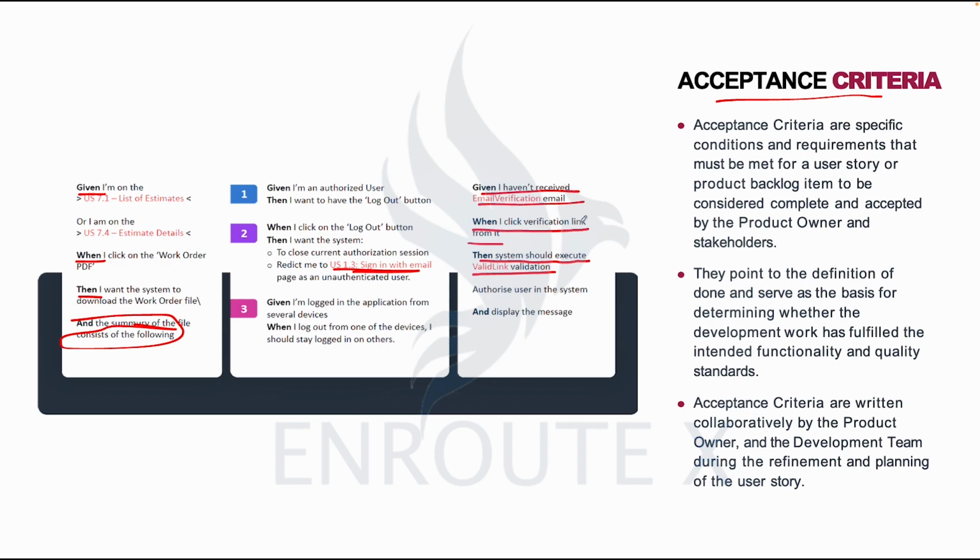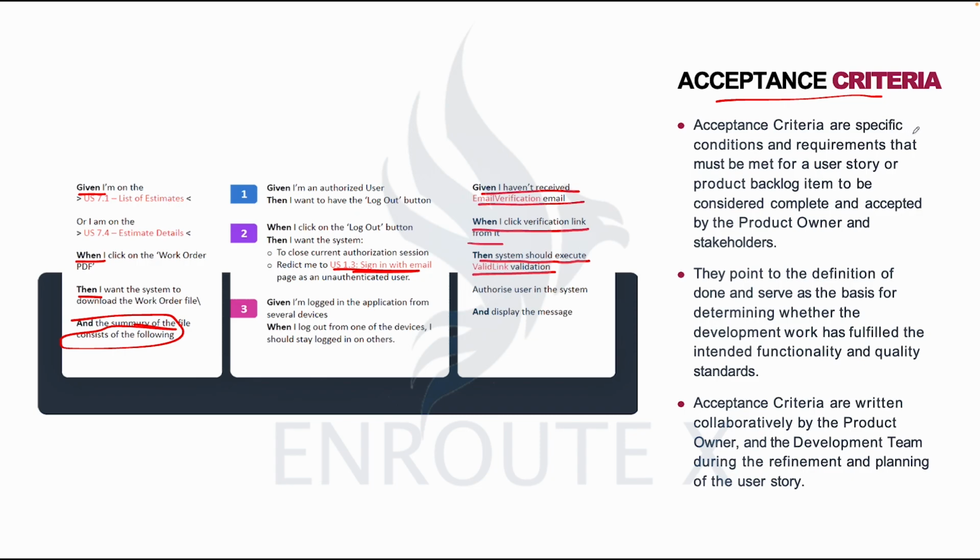So that makes it simple and clear enough for the developer to understand what he is developing that piece of user story against. And that is the format for the acceptance criteria.